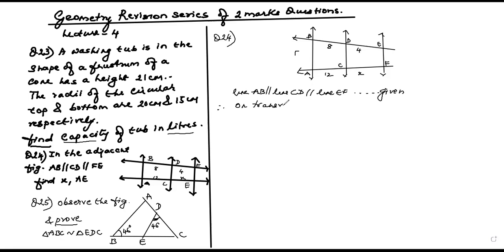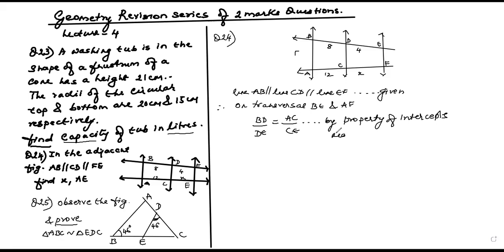On transversals BE and AF, BD upon DF equals AC upon CE, I say by the property of intercepts made by 3 parallel lines.